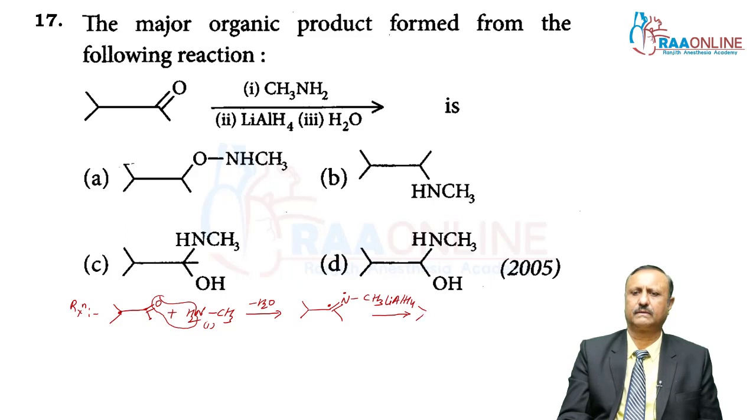So you can get NH and CH3. In this way, you must go to the B option, because in B option you can get the same product.